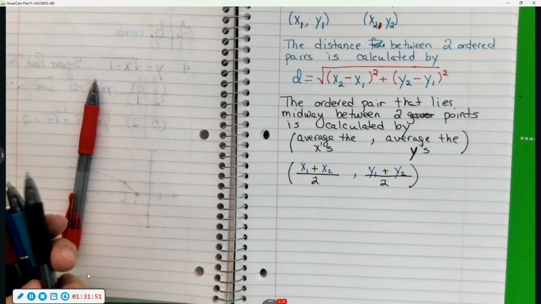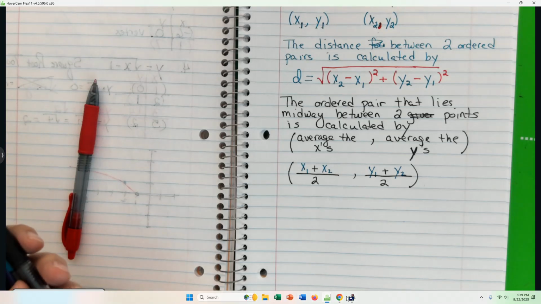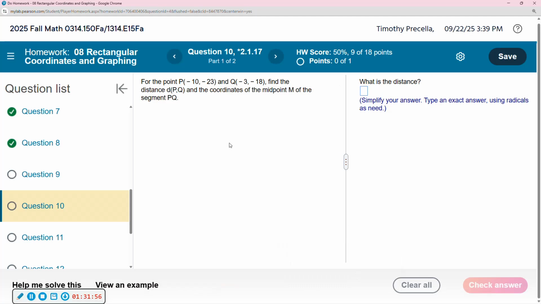9 and 10 are the exact same thing. I think 10 is the one I want to do as an example because it has a lot of negatives. And usually it's the negatives that give students trouble. So what are these points?